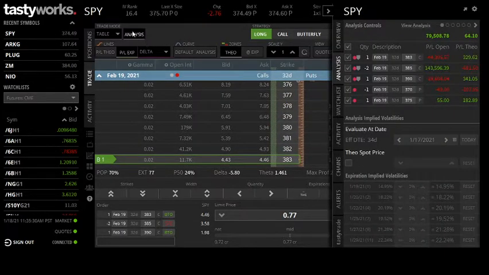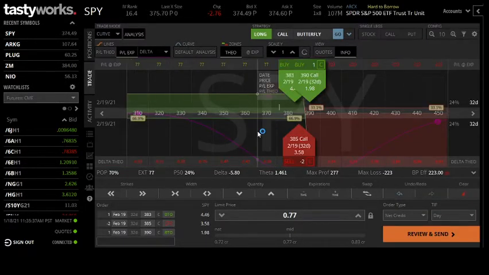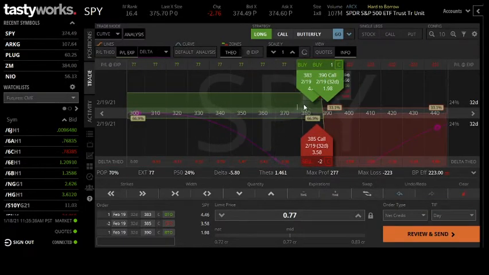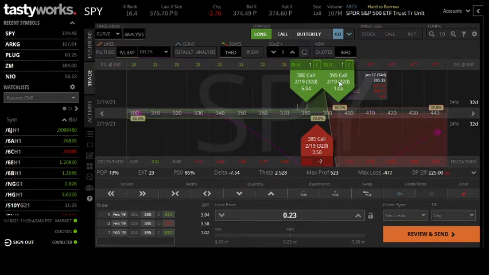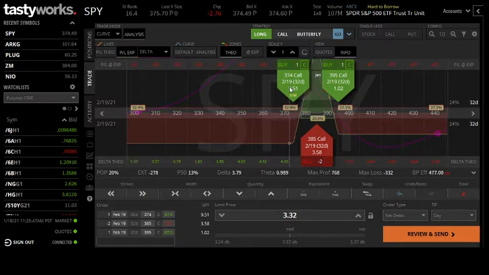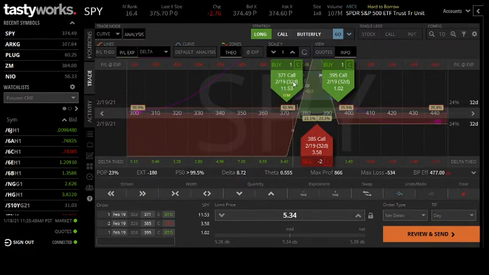So, your analysis tab on this. Let me get rid of my puts. Your curve. Let me widen this out a little bit so you can see these a little better. 395. I'm going to have to widen out even more just so you can see it.